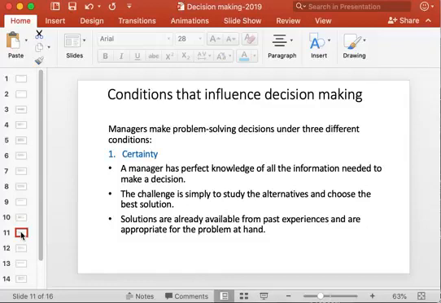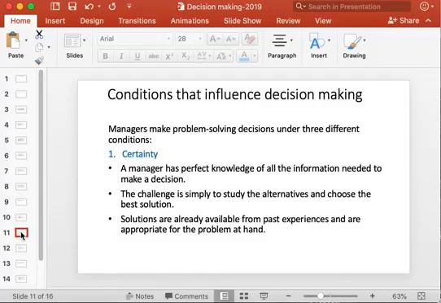Then in your syllabus there is a mention of analyzing decision alternatives under certainty, risk, and uncertainty.